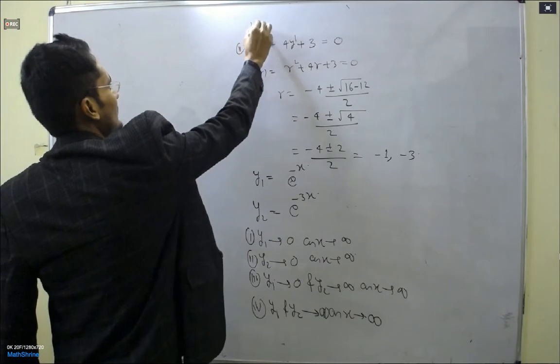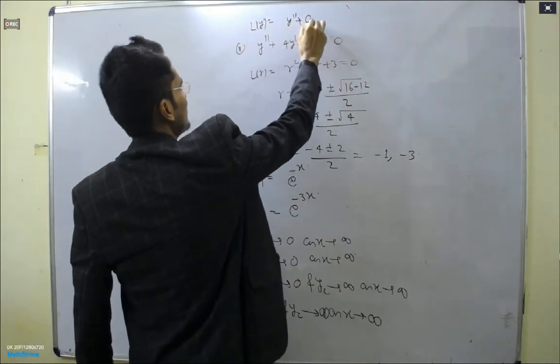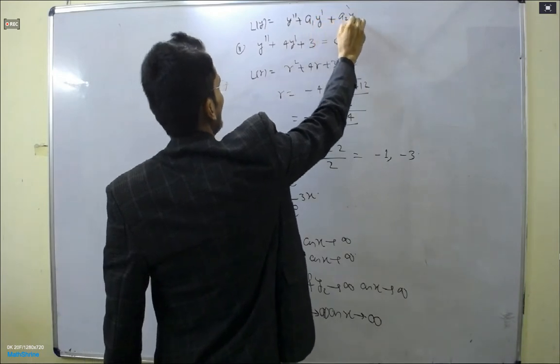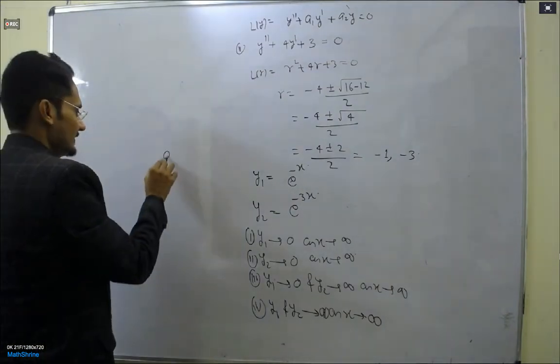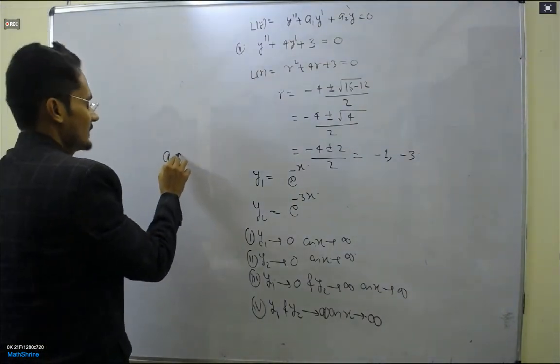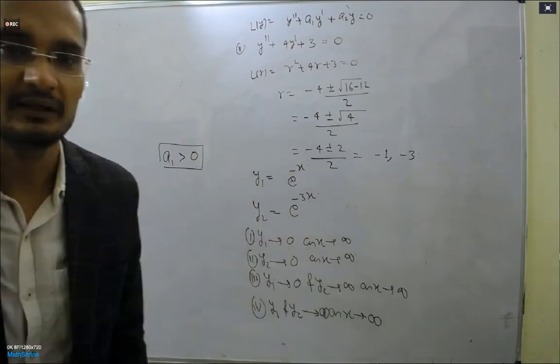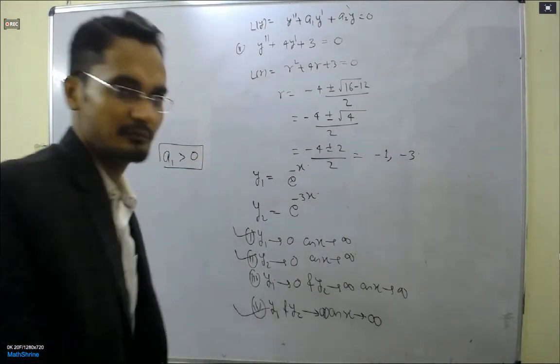In your exam, in NBHM or ISI, this differential equation will not be given directly. They will give you the differential equation and how the function a1 looks, and based on it they will directly ask the answer.